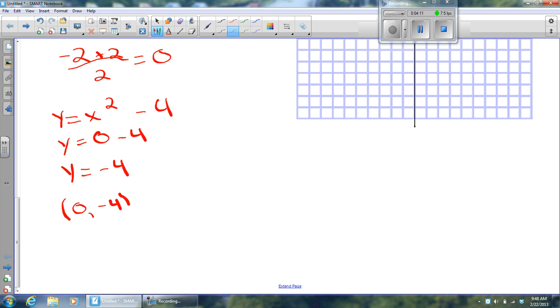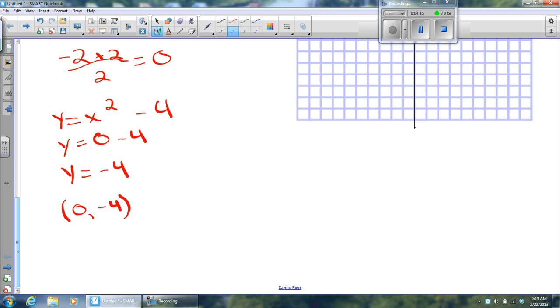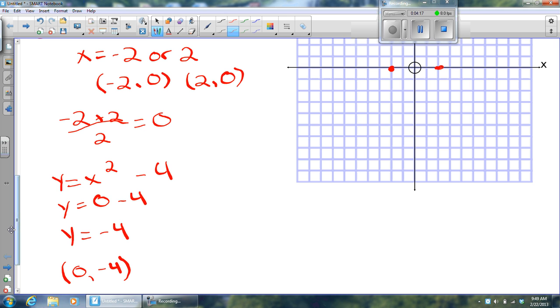And that should make sense because we're graphing a parabola and the parabola is symmetrical. So we're going to go on our graph here, 0, negative 4, 1, 2, 3, 4. Okay.